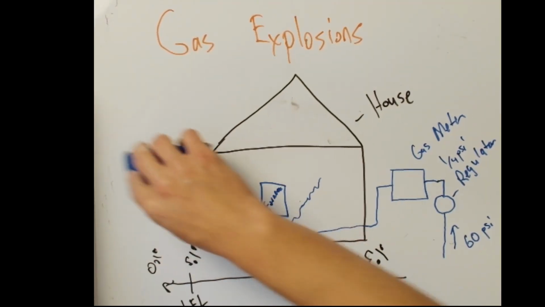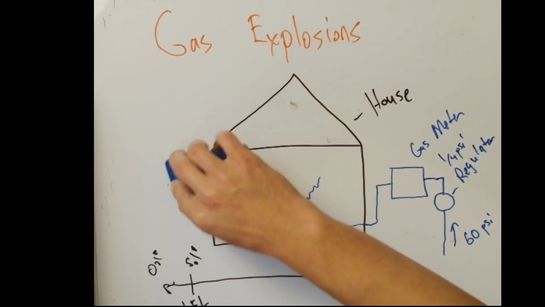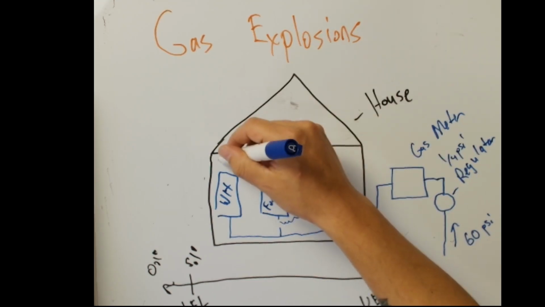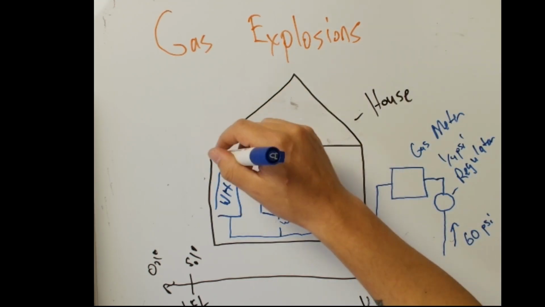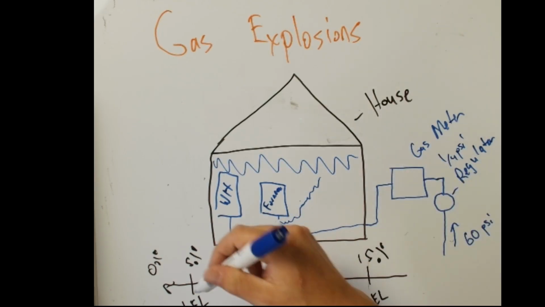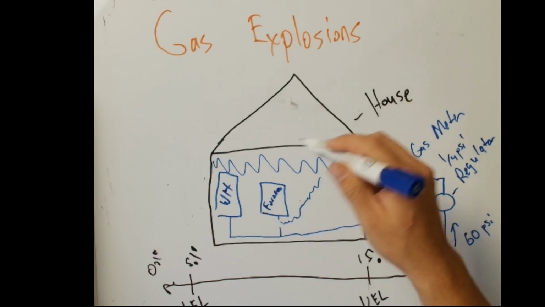So what does that look like inside a home? You have your leak here, and you hit, say, 6% inside your house. And methane, natural gas, is lighter than air, so it tends to pool up at the ceiling. So let's say you hit 6%, 7% inside your house.